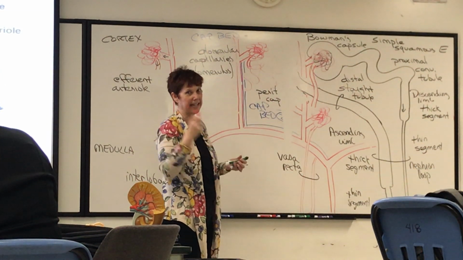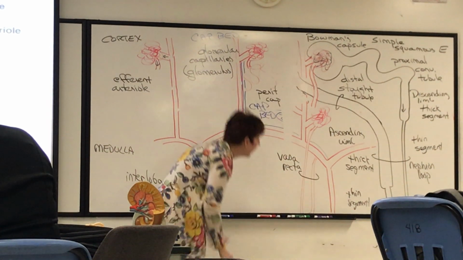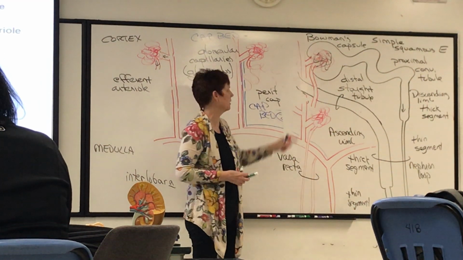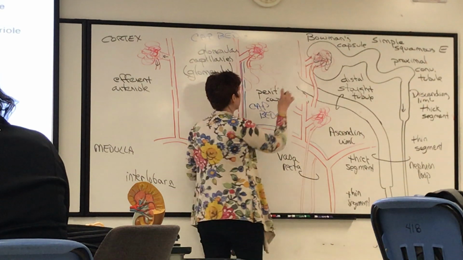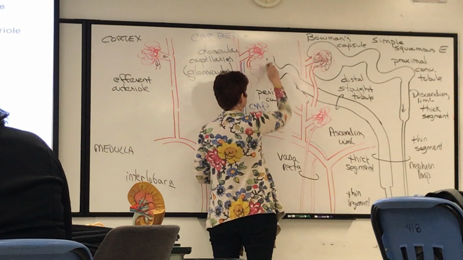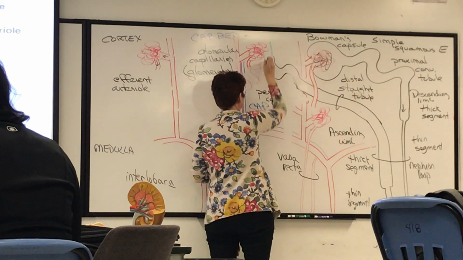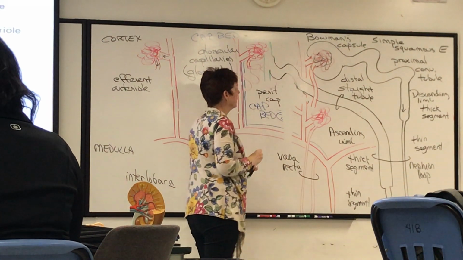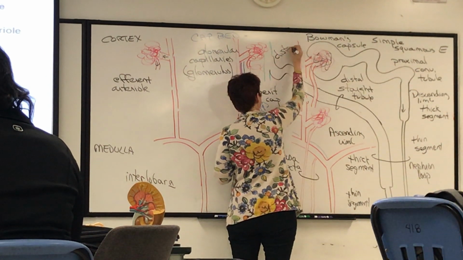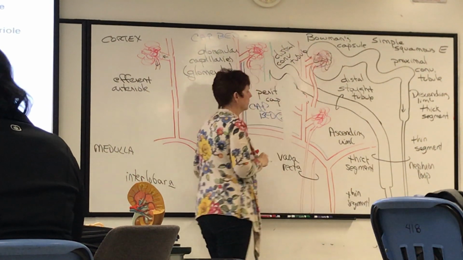And I know you can't erase like I can, so I'm going to redraw it over here again for you to follow through. This becomes very important in the regulation of the diameters of the afferent and efferent arterioles. All right, as soon as it does that, then it becomes convoluted again. And then it attaches to the collecting duct. All right, so this would be the distal convoluted tubule.